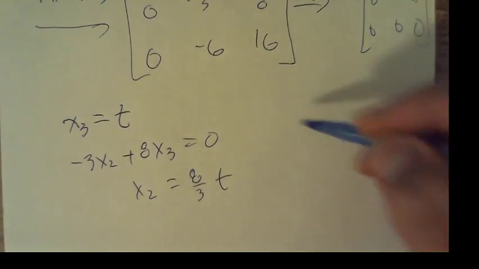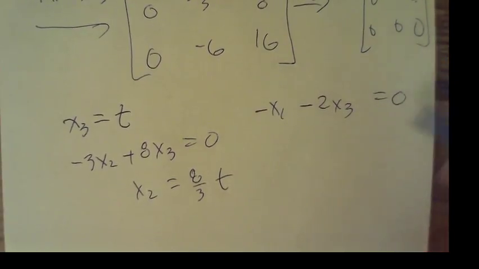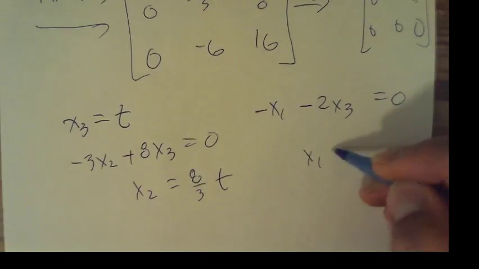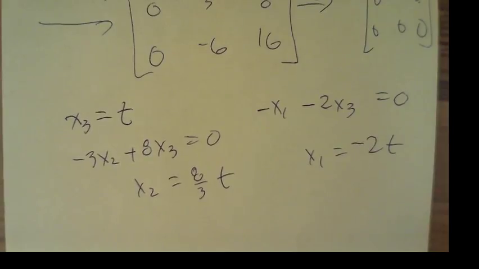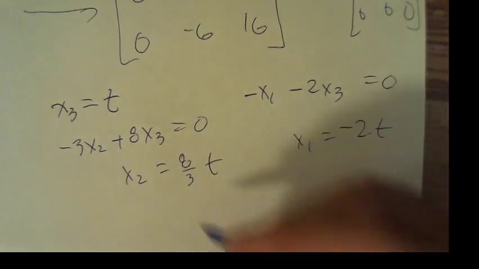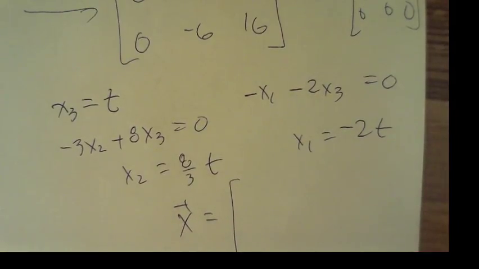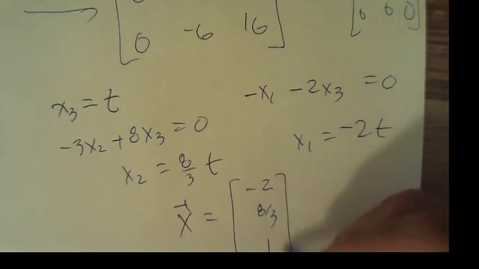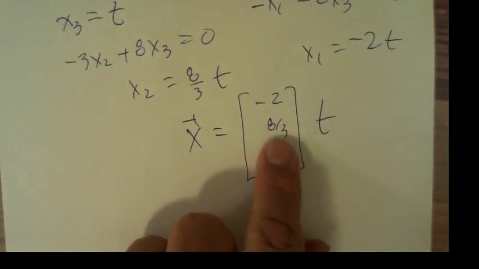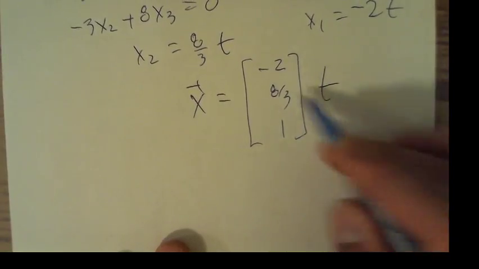And from here we have negative x1 minus 2x3 equals 0, so x1 equals negative 2t. So that means our vector x, the eigenvector, would look something like negative 2, 8/3, 1 times t. So the eigenvectors would be any multiple of this vector.